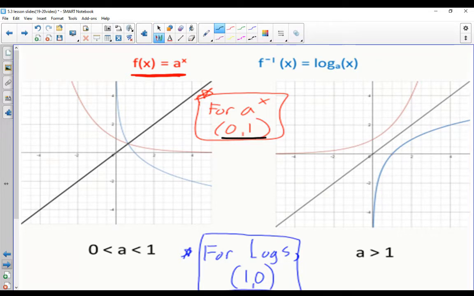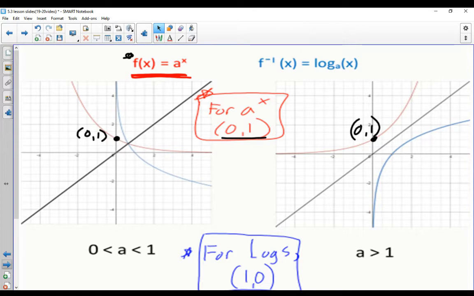So if you look at this red graph over here, you'll notice that it starts at the point 0, 1. And this point over here also starts at 0, 1. That's how it is for any red a to the x function. Now for log functions, they also have a starting point very similar to it.